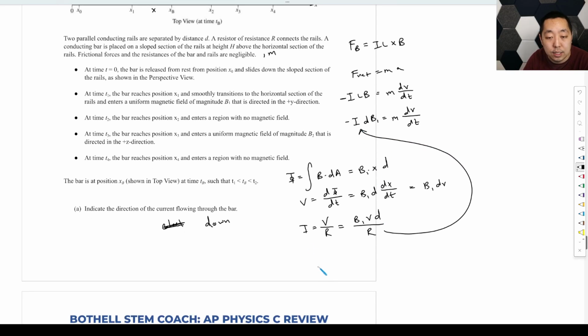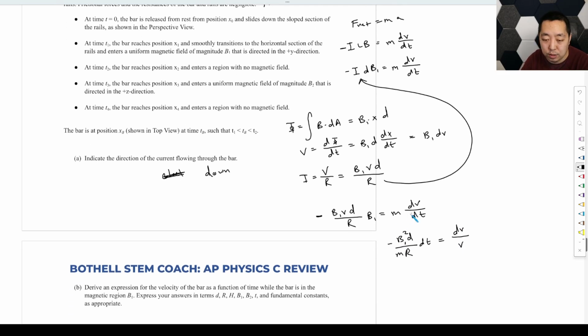So then you're going to get negative B1 velocity D over R times B1 is equal to M times dV dt, and this is ultimately going to be a differential equation with V. So you can move the dt up and move the V down, so you get negative B1 squared D dt over R. Then we need to move the m to the other side, so divide by m, so it's going to be dV over V. Just confirm, pause if you need to, that I did the math right.